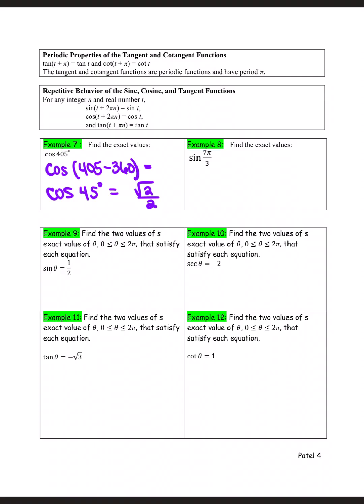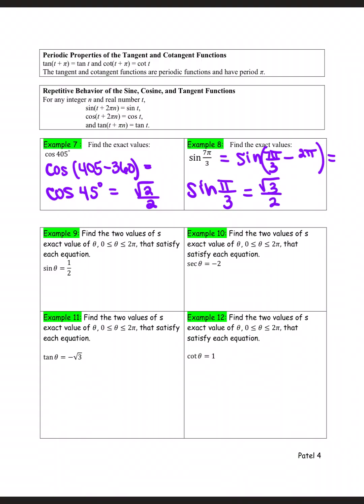Sine of 7 pi over 3, we'll notice that that's also more than 2 pi, so we can say sine of 7 pi over 3 minus 2 pi is going to give us sine of pi over 3, and sine of pi over 3 is equal to square root of 3 over 2, use the y-coordinate.